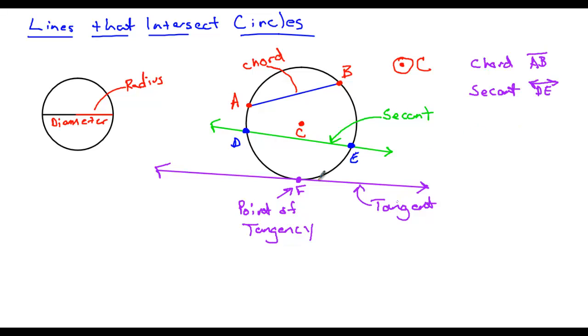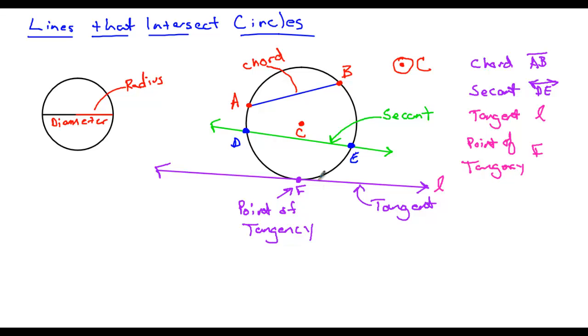And the tangent line here, notice I only have a point F. A lot of times you're going to see these marked with a letter like this. So the tangent is line L, and the point of tangency is just F.